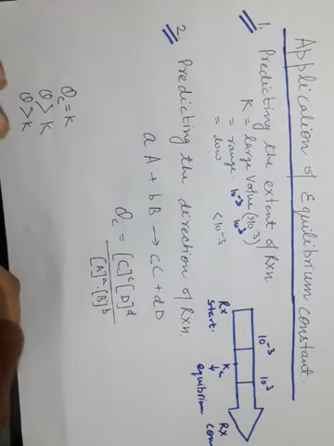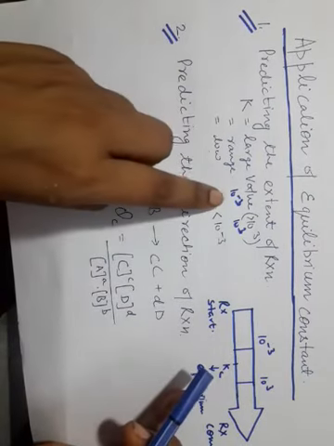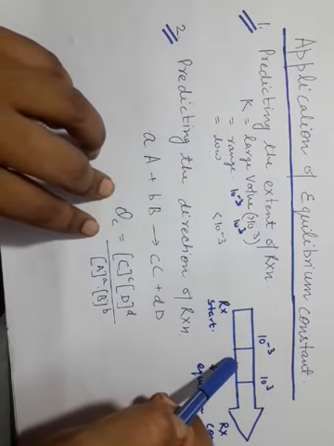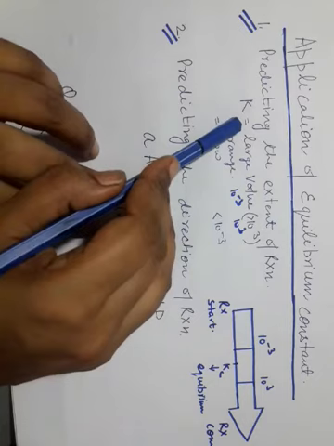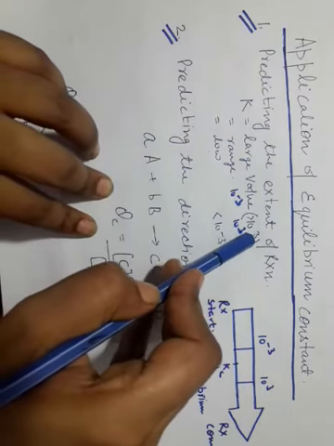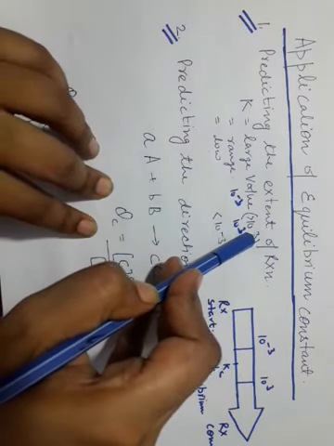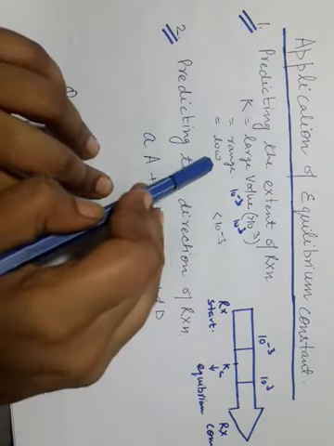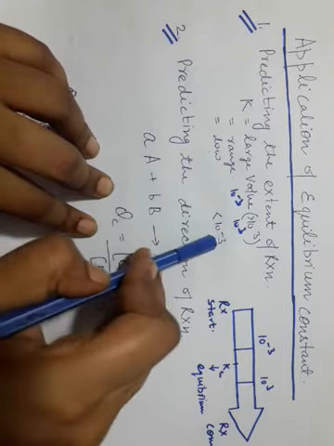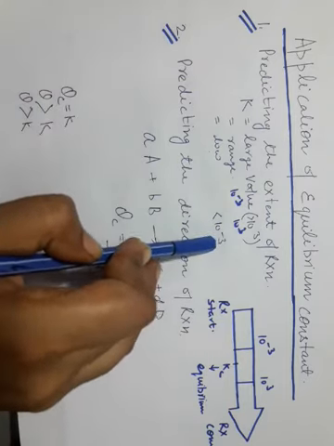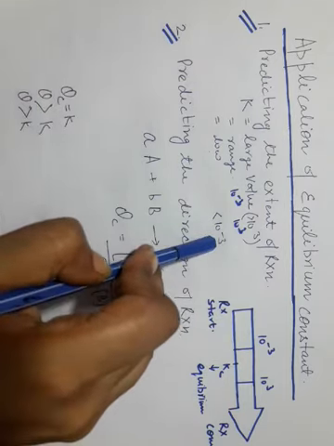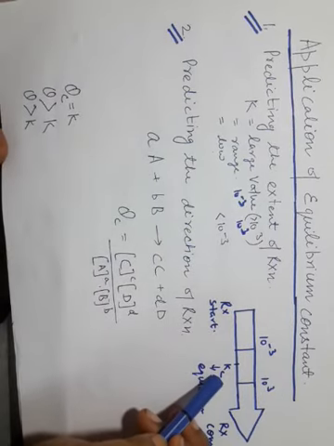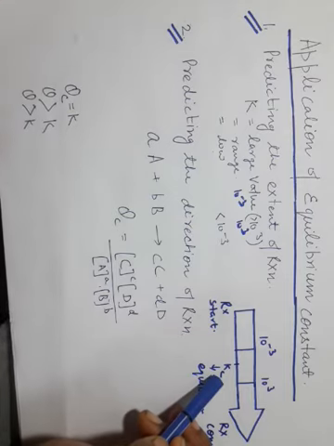If the value is in the range of 10 to the power minus 3 to 10 to the power 3, the reaction is in equilibrium state. If the value of K is larger than 10 to the power 3, then the reaction favors the forward direction. If the value of K is less than 10 to the power minus 3, the reaction favors the backward direction. So by calculating the value of K, we can find out the direction of the reaction.